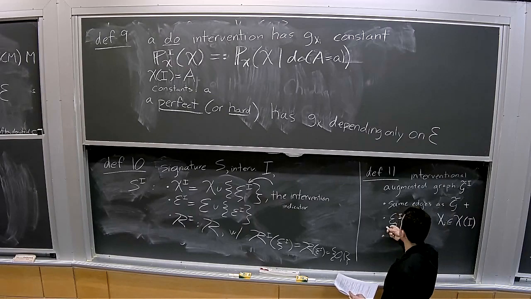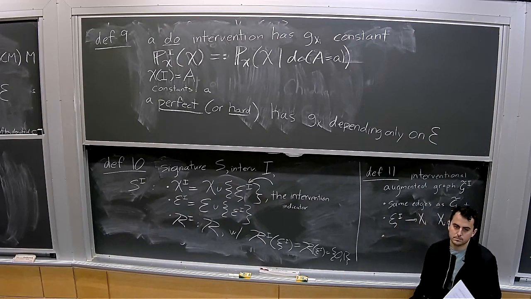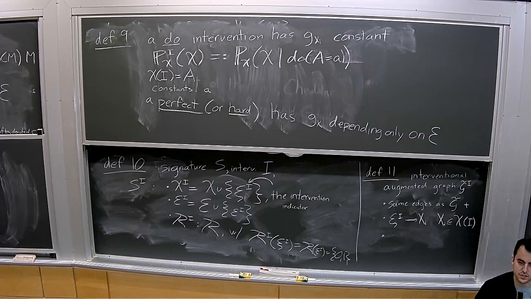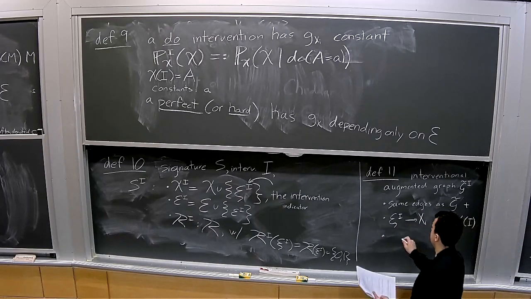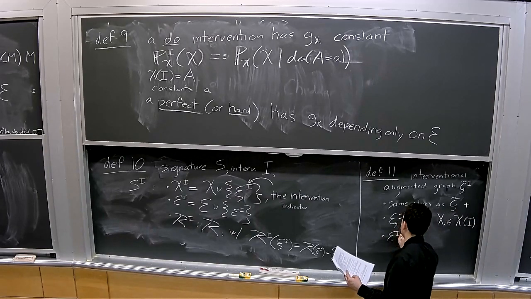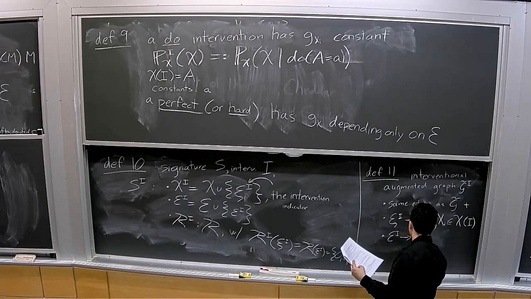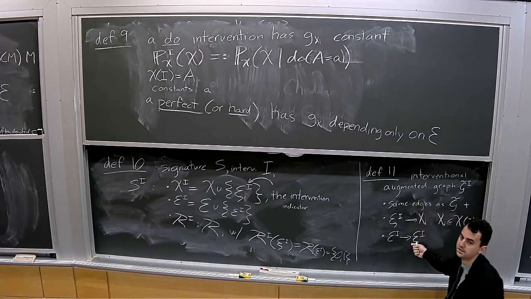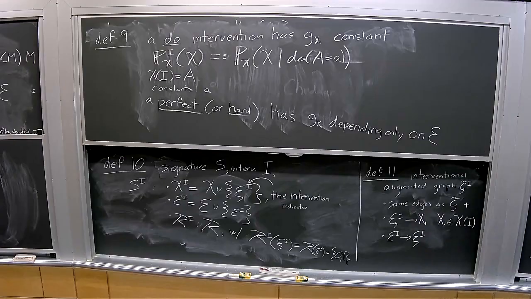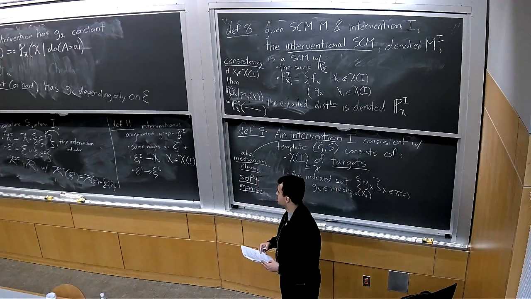And because this is an endogenous variable, we're just going to give it that corresponding exogenous variable as a parent. And that's a zeta. At least it's supposed to look like a zeta.